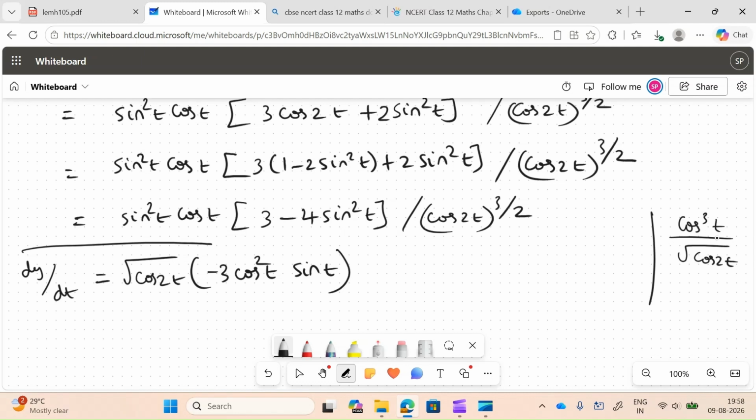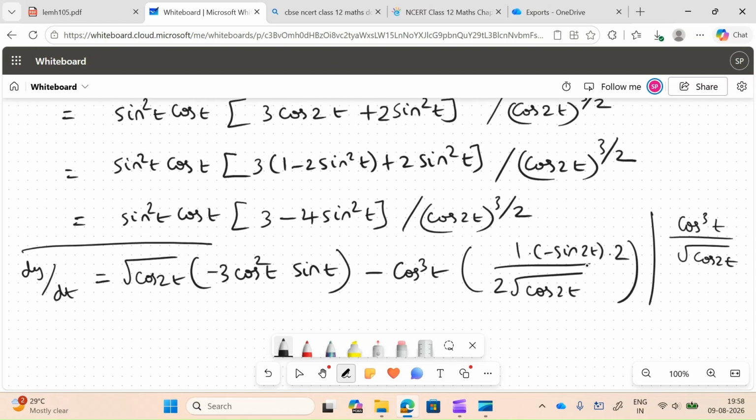How? 3 cos square t, and cos differentiation has a minus sign. So minus cos cube t, v du minus u dv. u dv is nothing but 1 by 2 root cos 2t times cos 2t's differentiation, which is minus sin 2t times 2. You have cos 2t power 3 by 2 left. First it will be cos 2t only.